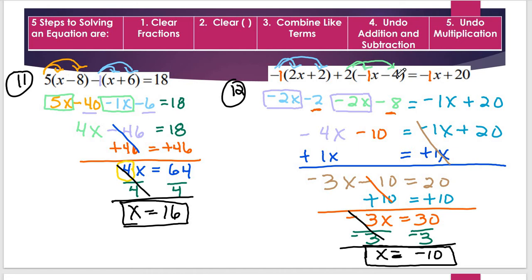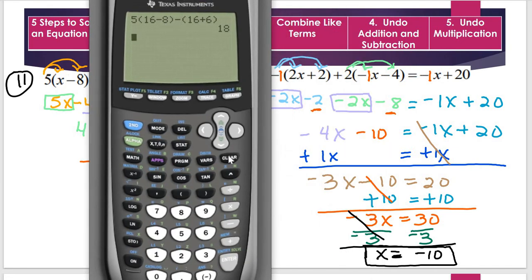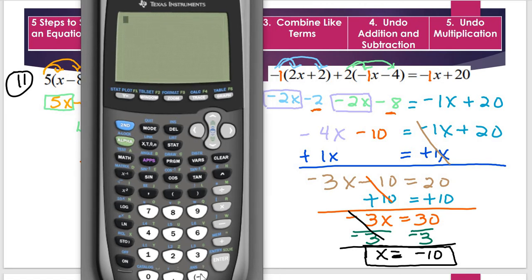So if you substitute -10 over here, also right over here, these two would be exactly equal. So when I put this in right here, I'm going to put in negative and then parentheses. I'm going back to my original problem.